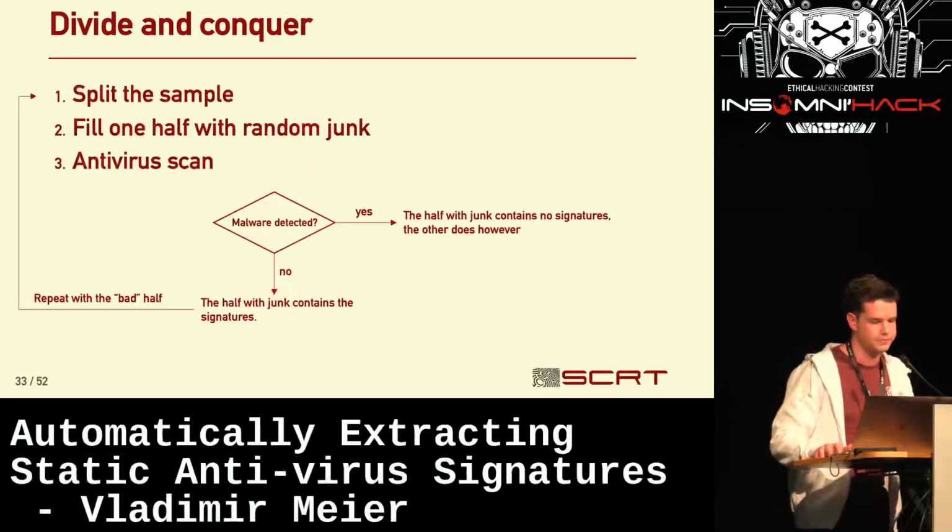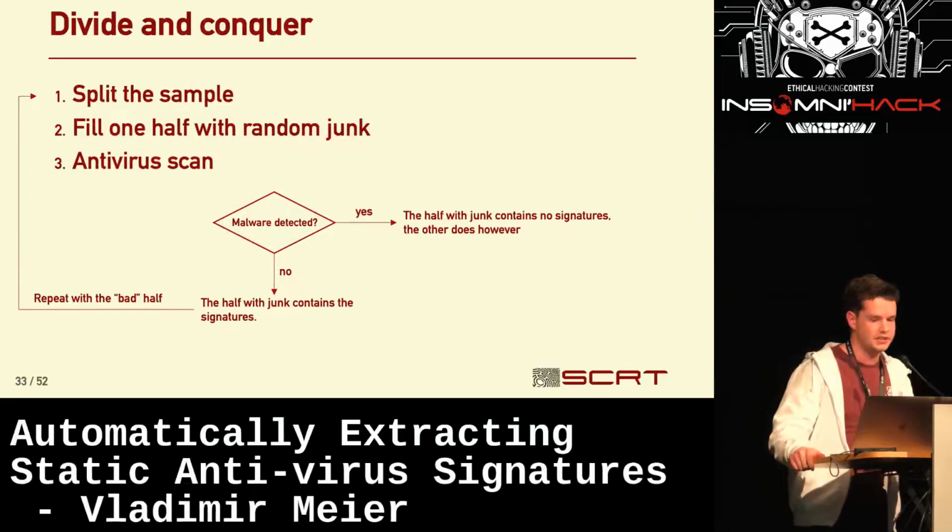very efficient for me. More precisely, applied to executables and antivirus software, you want to split the sample, fill one half with random junk, and redo an antivirus scan. And then two things can happen. Either the file is detected as malware, or it's not.